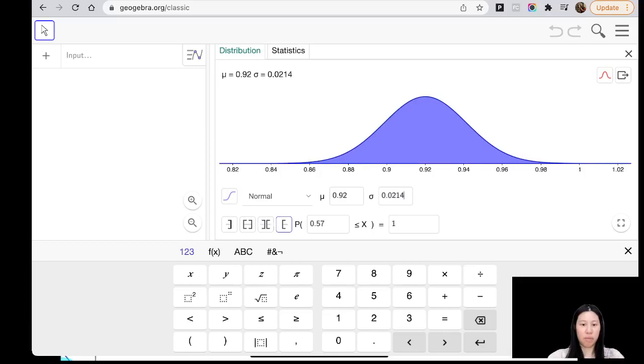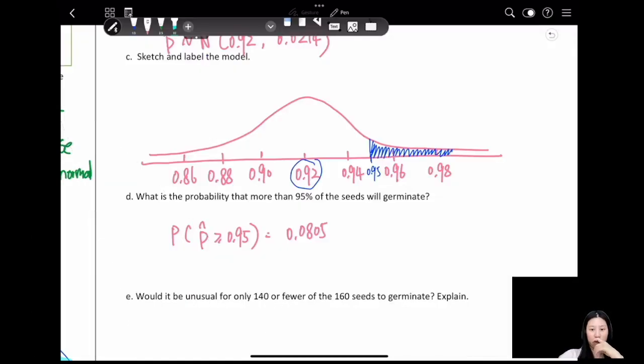And then we want x greater than 0.95, which is 0.0805, which is 8.05%. So there is an 8% chance that more than 95% of seeds will germinate.